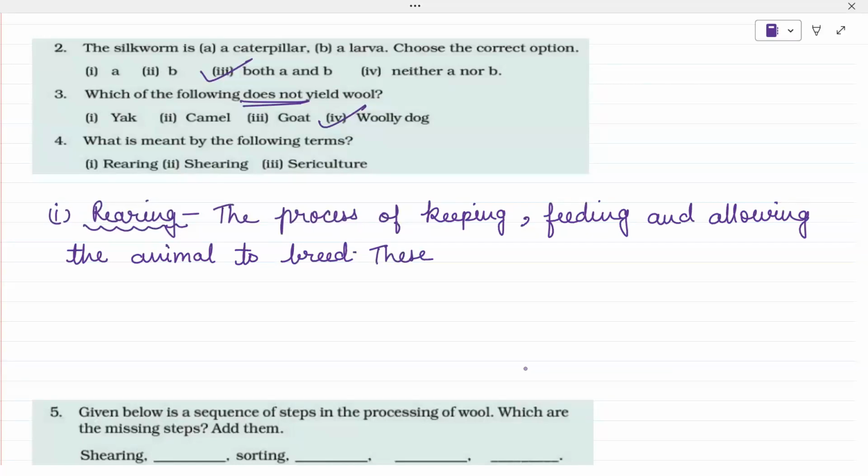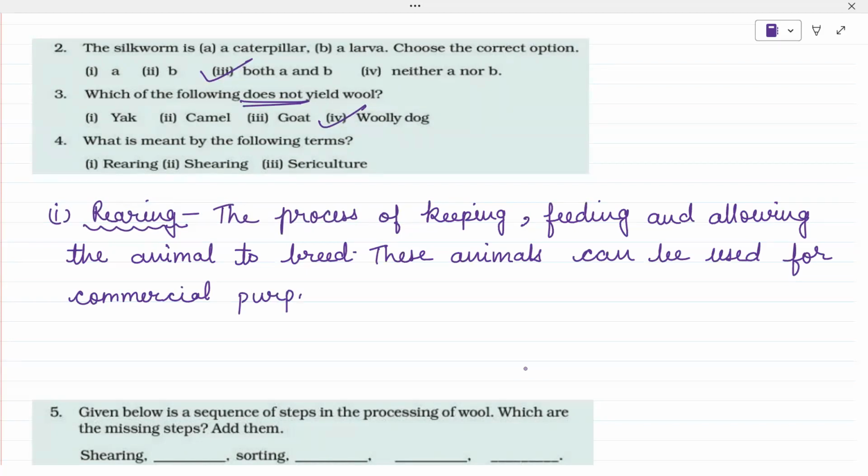These animals can be used for commercial purposes. Right? So this entire process of rearing the animals is known as rearing, right?